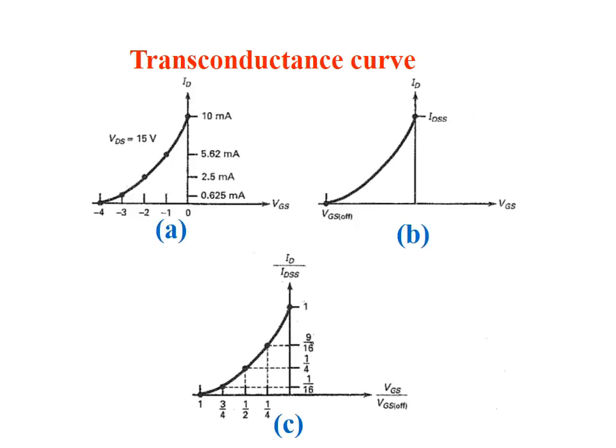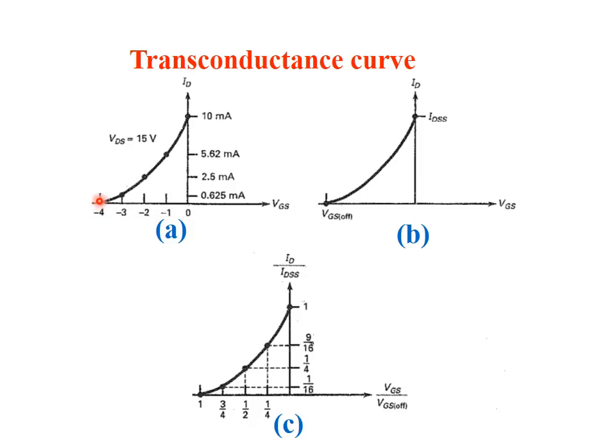Okay, let's go deeper into the transconductance curve. So in this slide, there are three graphs. The first graph, A, is a transconductance curve of the FET transistor. In this graph, the main supply voltage, which is between the drain and source, VDS, is 15 volt. And for this specific FET transistor, the VGS off is -4.